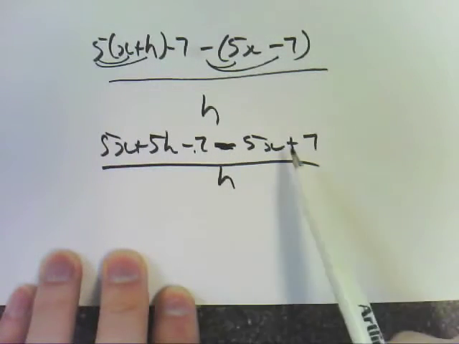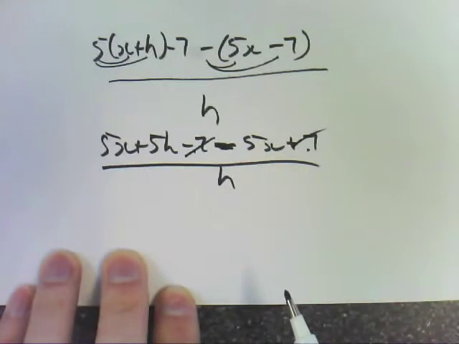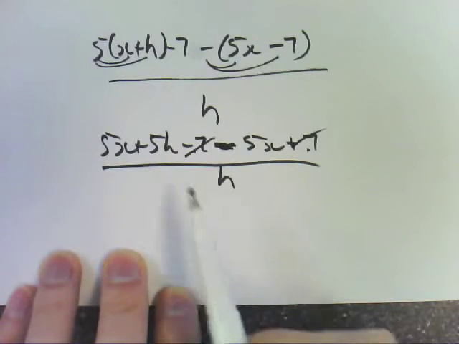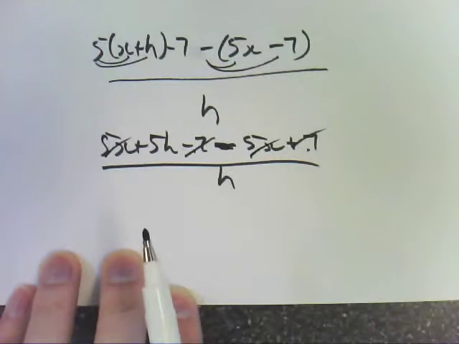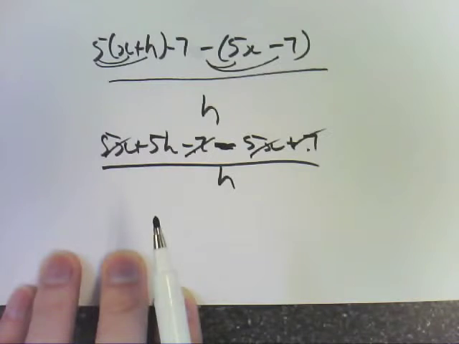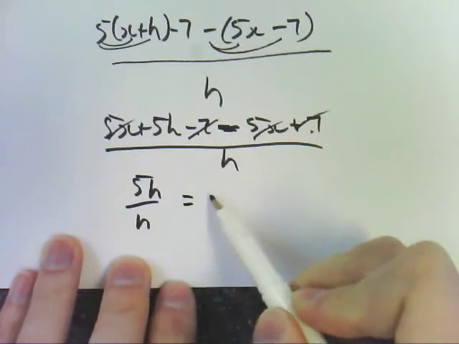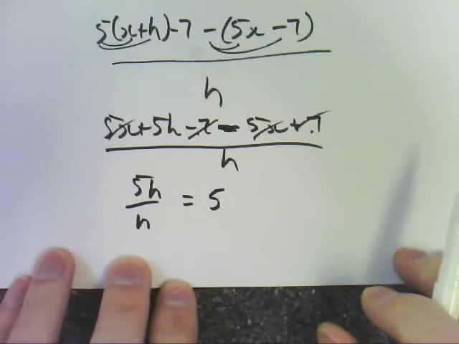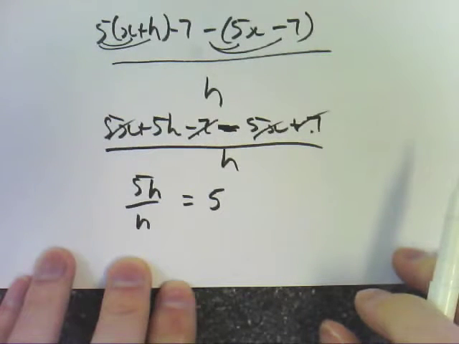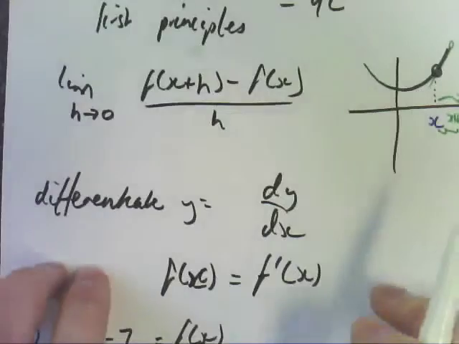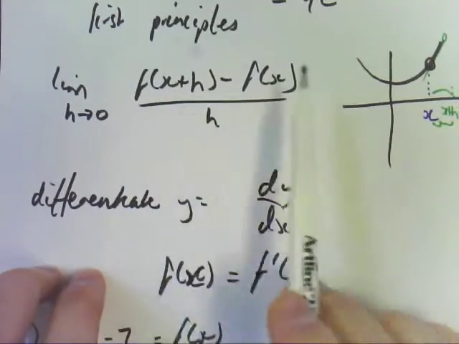So minus 7 plus 7, they're going to disappear. That's great. We like it when things disappear. 5x minus 5x, that's going to disappear as well. So I'm left with 5h divided by h, which is equal to 5. Congratulations, you did your first differentiation. So it's just solving using this.